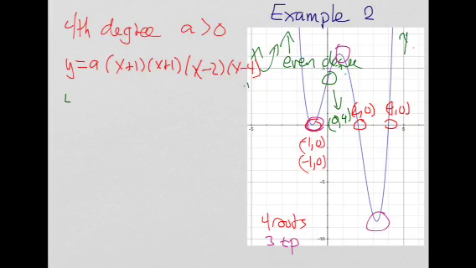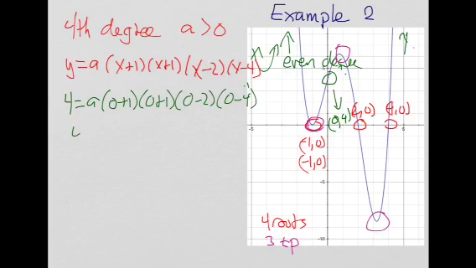So we plug in that 4 equals a(0 plus 1)(0 plus 1)(0 minus 2)(0 minus 4). So 1 times 1 is 1, times negative 2, times negative 4 gives me 8. So 8a equals 4.